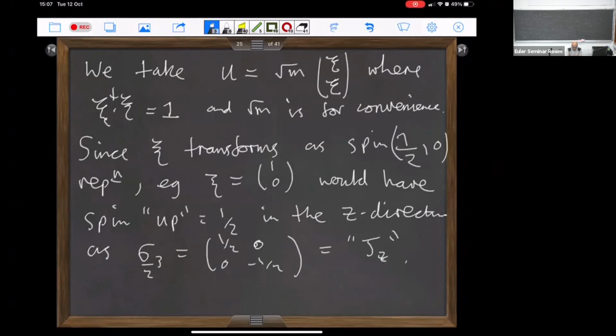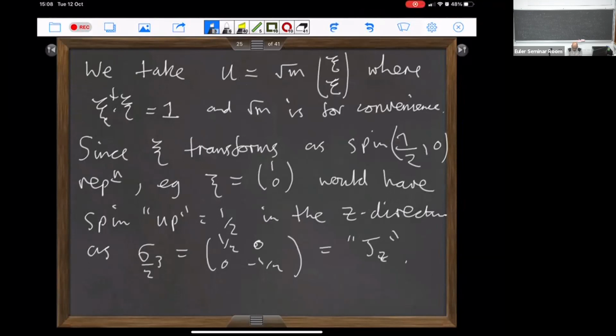For convenience, and these types of normalizations are the convenient normalizations that will come up in quantum field theory, we'll take, sorry, that's not u left, that's actually u.